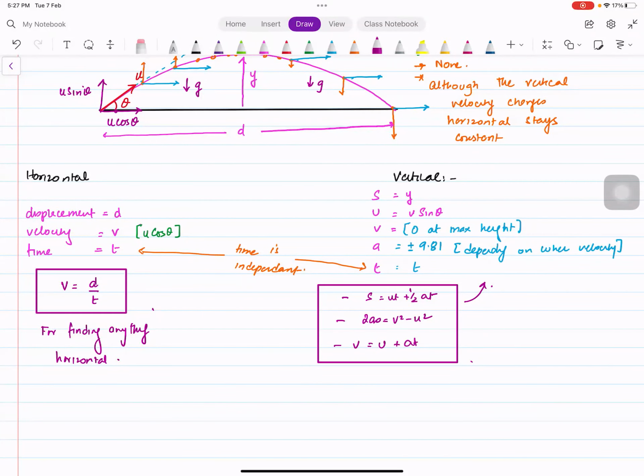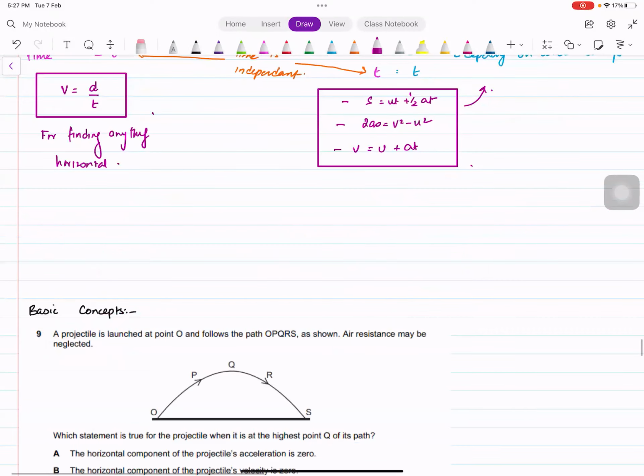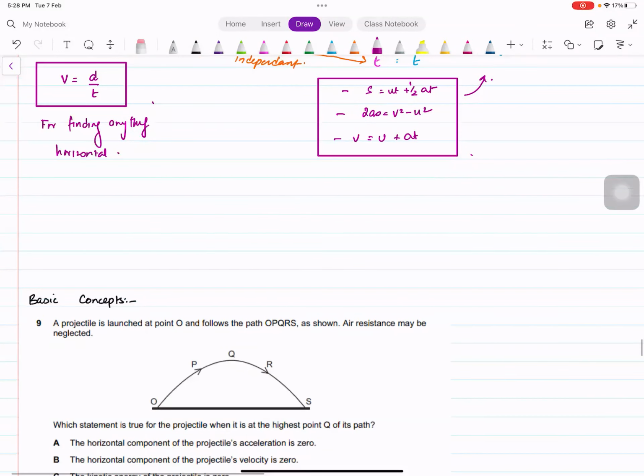All right, now let's go to the next part. First of all, we need to learn about certain basic concepts that I've talked about right now, and then we'll do different cases of each type of projectile, so you are familiar with what kind of question they're going to give you.